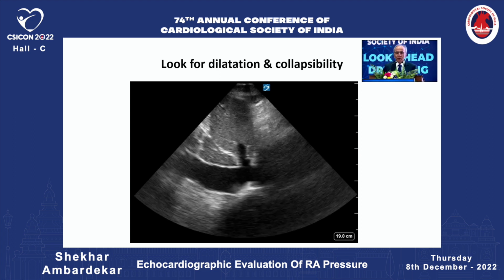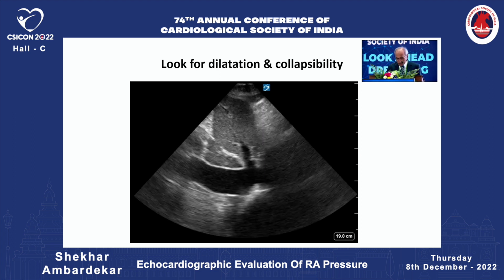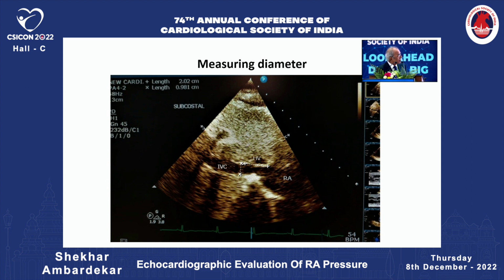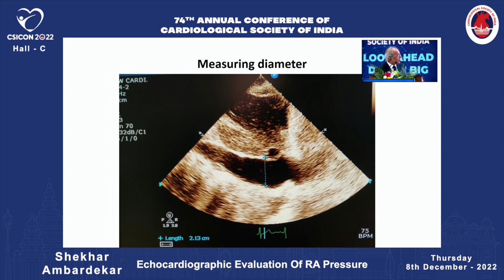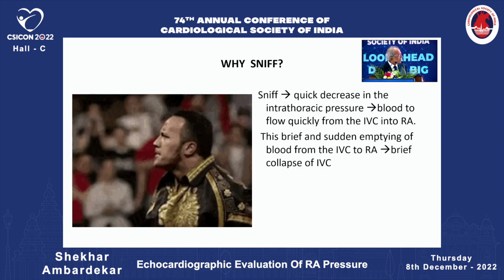However, friends, I was just saying that this measurement we have to take not at the junction, but about 1 to 2 centimeters away from it, and there we should measure inner border to inner border. Like this, we should measure it. And for that we have to optimize the picture well and remove the artifacts well.